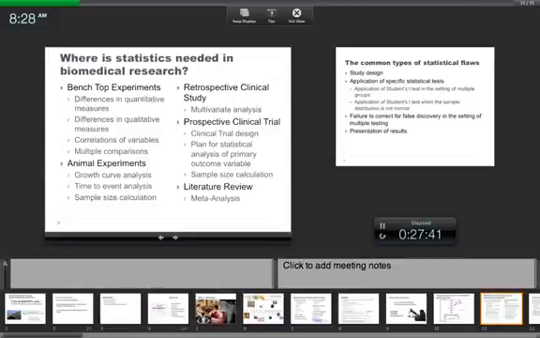So, prospective clinical trials. Clinical trial design is very important. Designing clinical trials is not much different from designing an experiment, except that some of the environmental factors will need to be controlled, and very often we would need to use multivariate analysis instead of much simpler statistics.